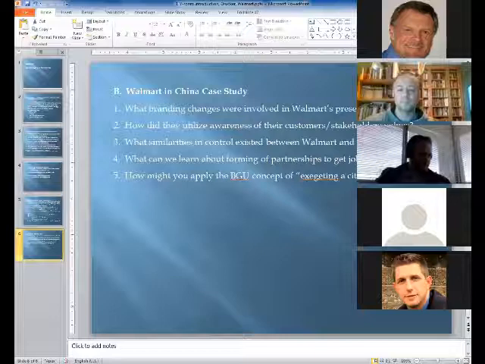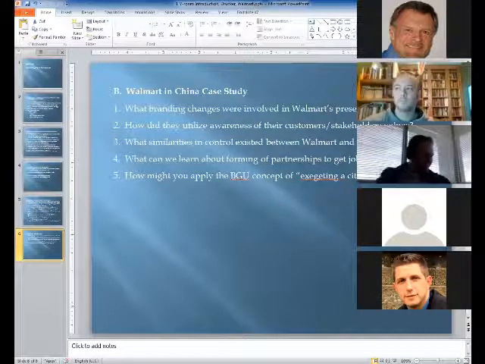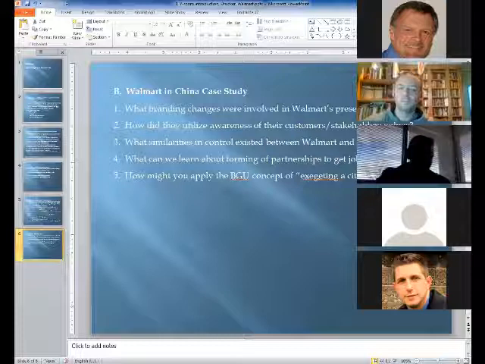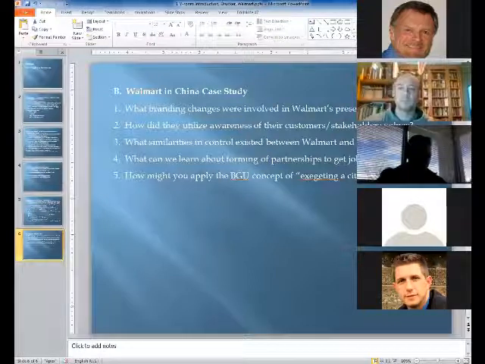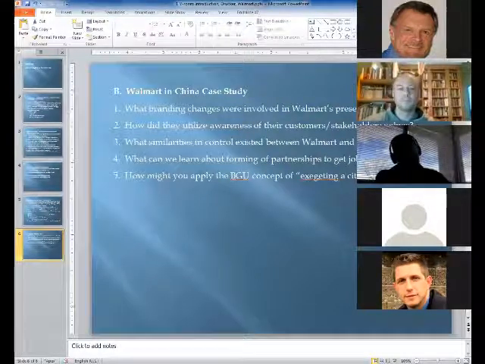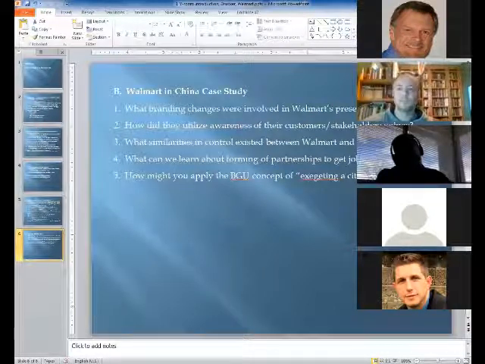Walmart was trying to walk this line where they were trying to satisfy the government and the customer. They were trying to say, how can we get the government on our side? If we're meeting some of those government's goals, the government's going to be more supportive of us as a company coming into their nation.